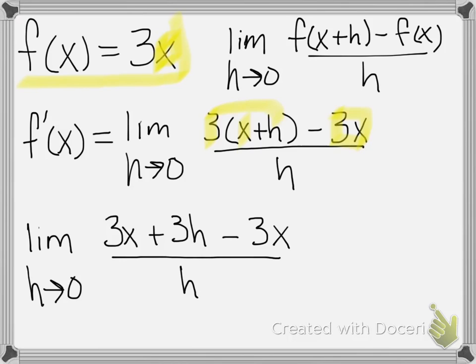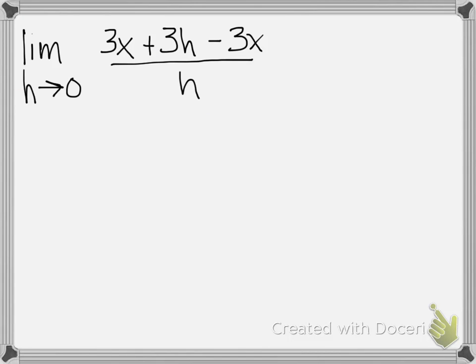Alright, I'll carry that over to another slide. Okay, so that's where we were at, and I'll just go ahead and say that that was our f prime of x. Alright, so right off the bat, you can see that that 3x minus a 3x is just going to cancel.